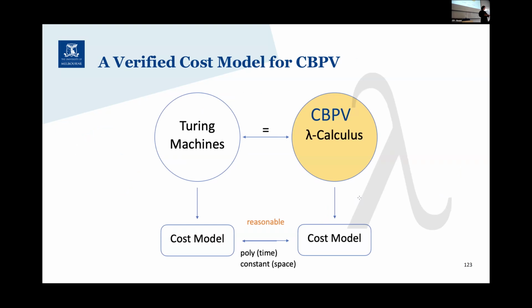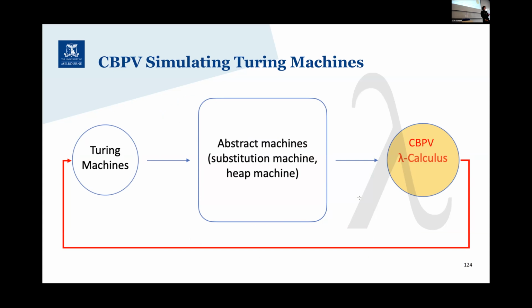So if we go back to the big picture again, we showed that Turing machines can simulate call by push value, but there's still another direction that we need to show, which is from call by push value to Turing machines, because the reasonable property requires simulation in both ways. For the other direction, we chose to go through weak call by value lambda calculus.